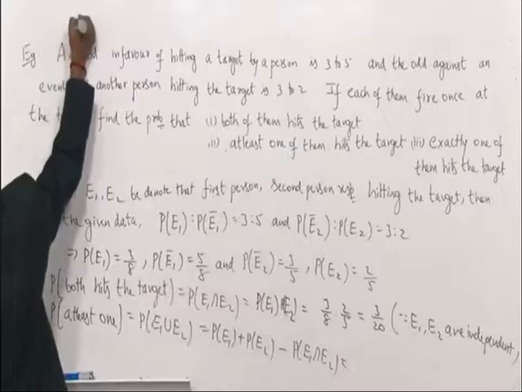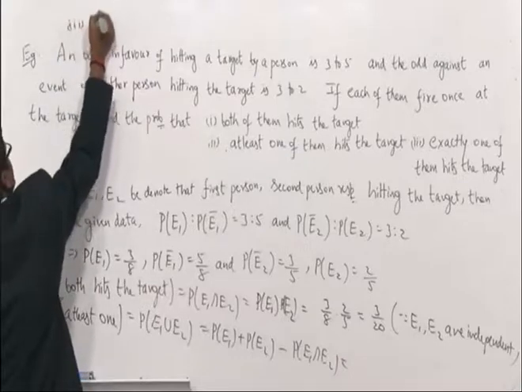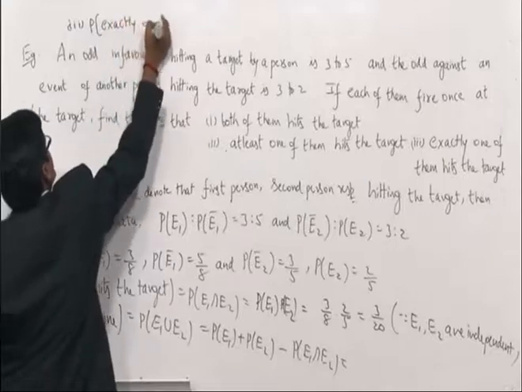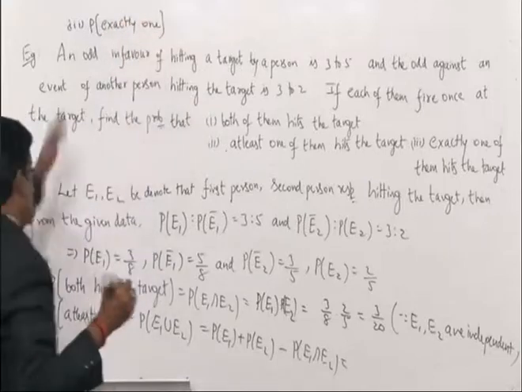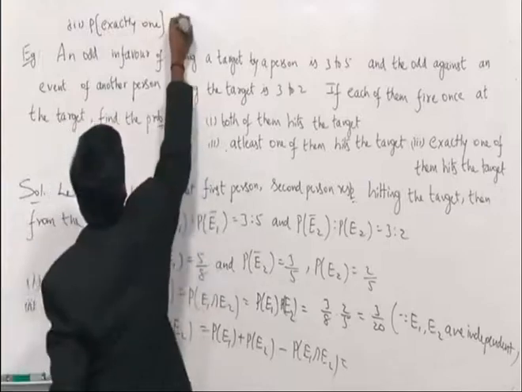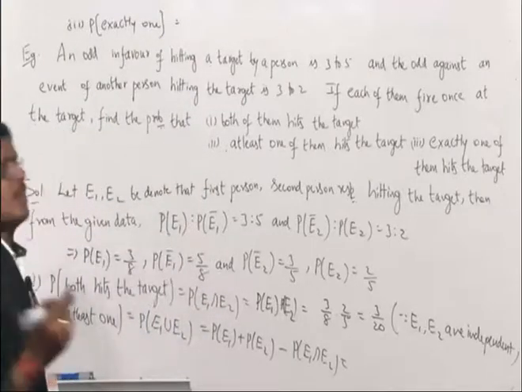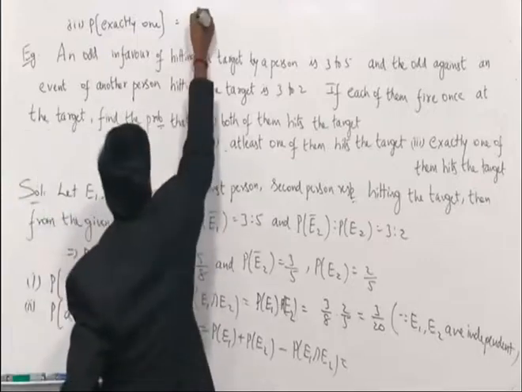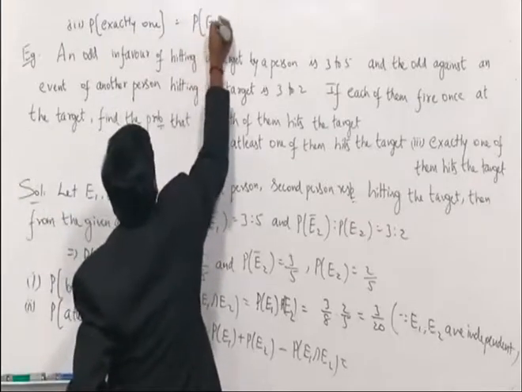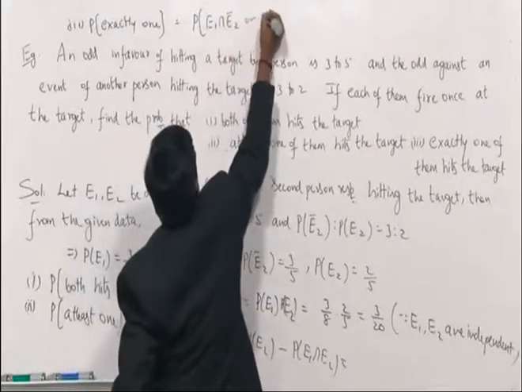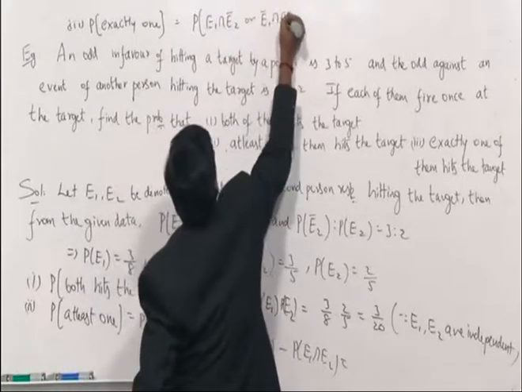And the third bit, exactly 1. I am not writing the sentences in detail, short sentences I am writing. Exactly 1 means E1 hits the target, E2 fails to hit the target. If E2 hits the target, then E1 fails to hit the target. So two mutually exclusive events: P of E1 intersection E2 bar or E1 bar intersection E2.